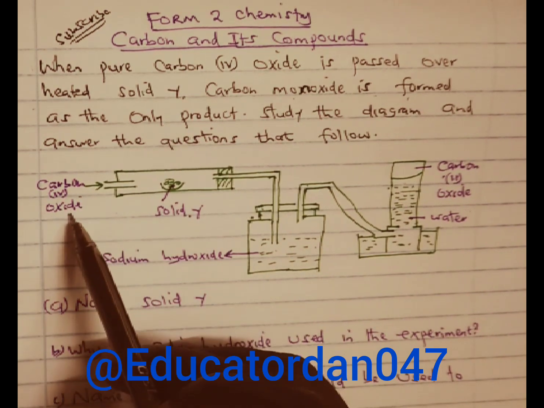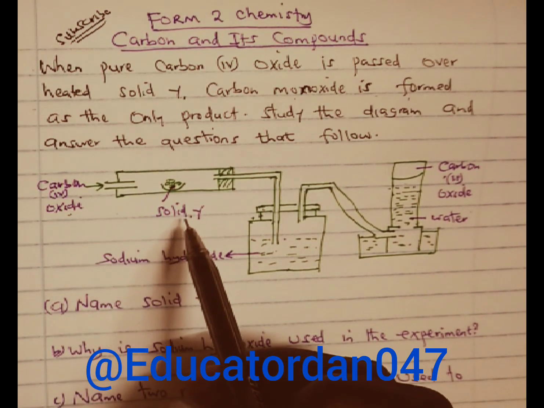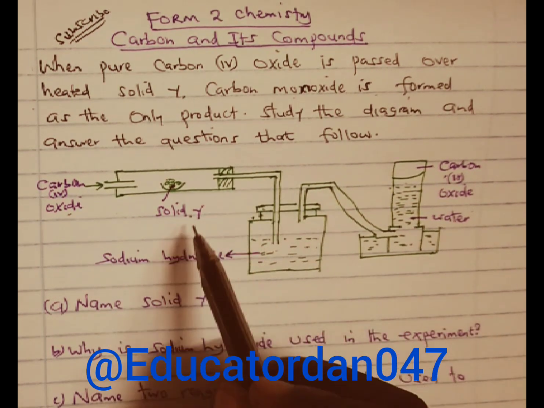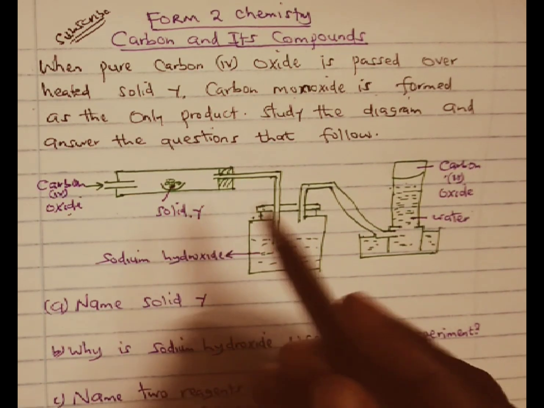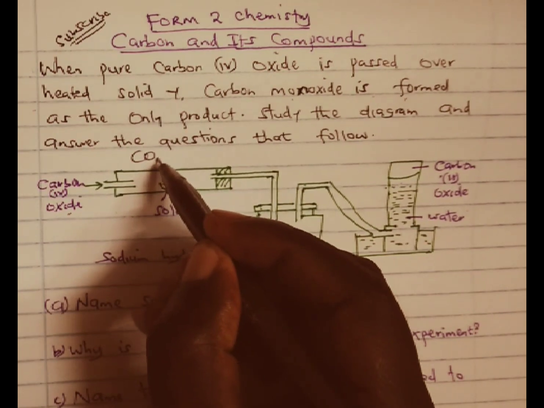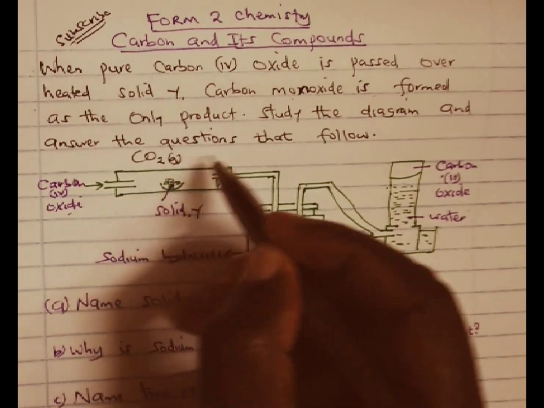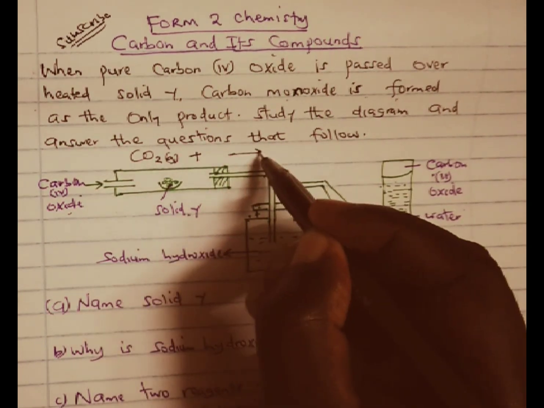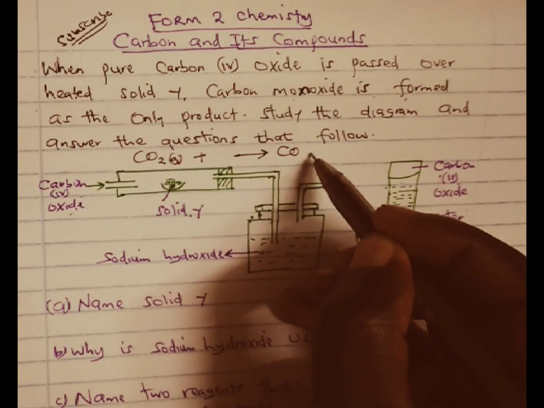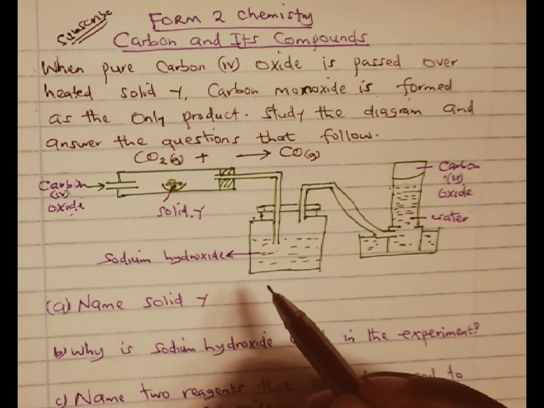We have carbon 4 oxide going through solid Y to form carbon 2 oxide. This is carbon 4 oxide gas going through solid Y to give us carbon 2 oxide as the only product.